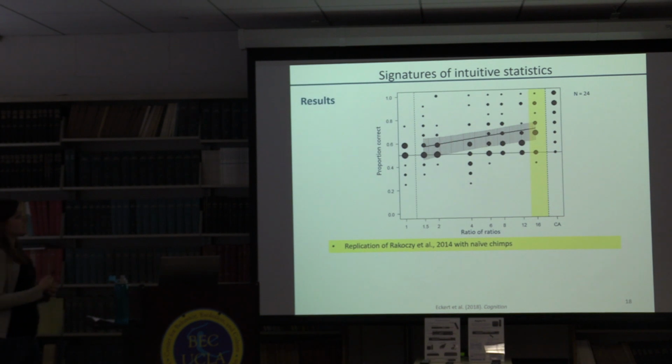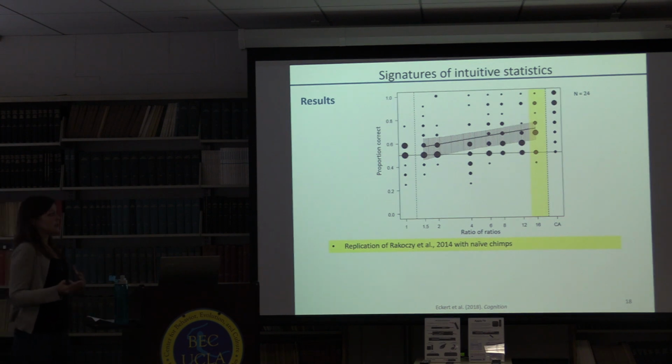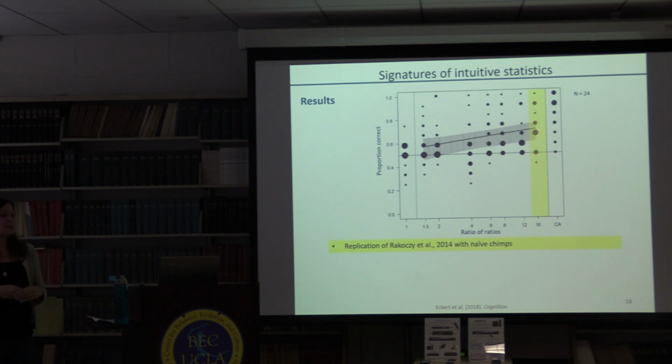Here the chimps were correct in around 70% of trials, which is pretty much comparable to what has been found in the previous Rakoczy et al. study. So this condition can be seen as a nice replication of these previous findings, and it shows that intuitive statistics, or at least reasoning from population to sample, seems to be a common capacity in chimpanzees, regardless of their housing and rearing background.